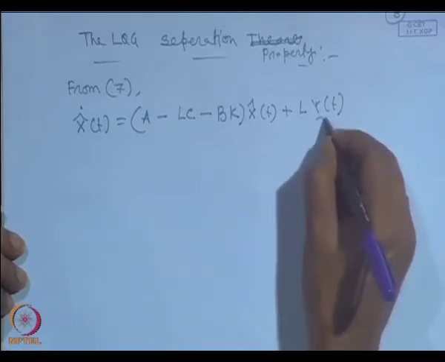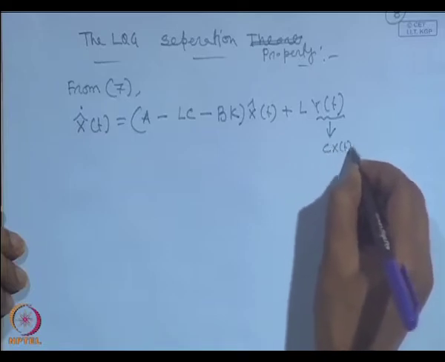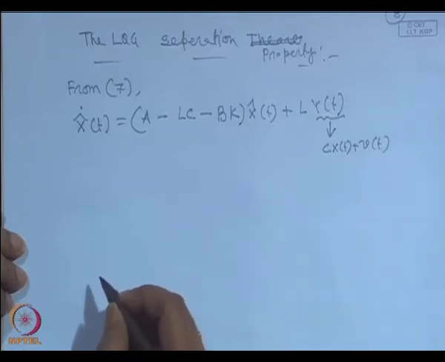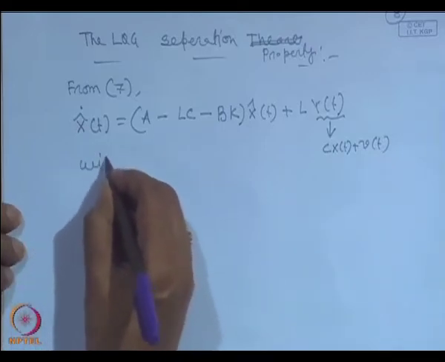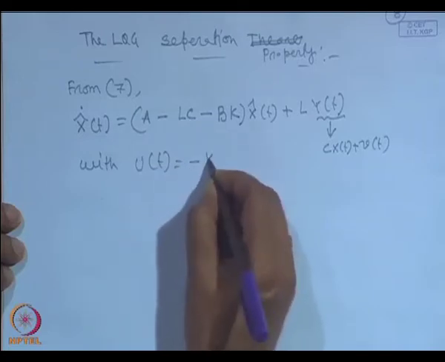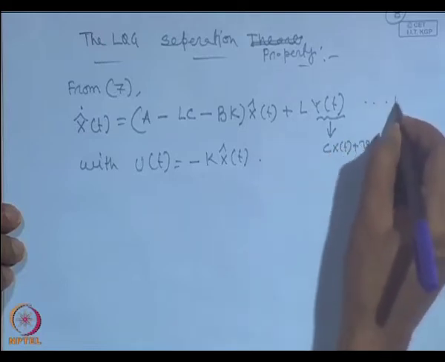And the measurement equation is y equal to C x of t plus v of t, because the output is corrupted with noise. So with u of t replaced by minus K x hat of t, let us call this equation number 9.